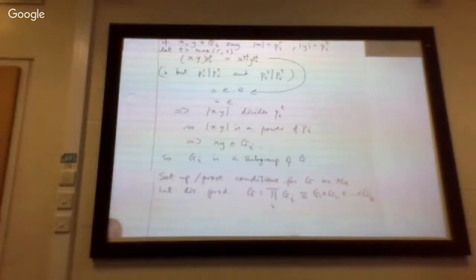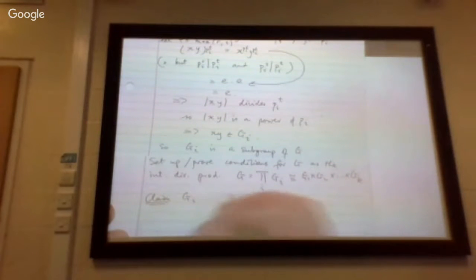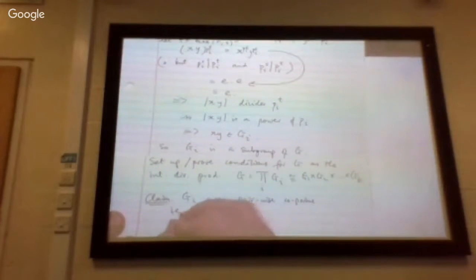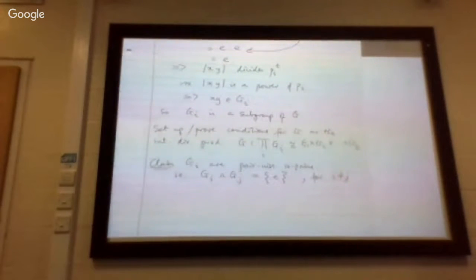So the first thing to do is we have a claim that the Gi are pairwise coprime. What that means is Gi intersect Gj has only the identity element in the intersection whenever i and j are different, whenever you're talking about two different primary components.